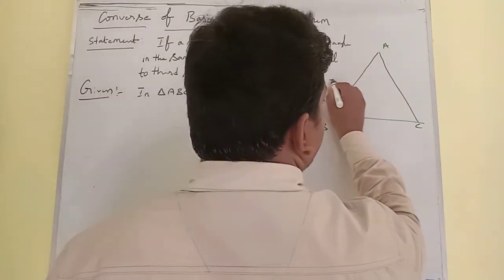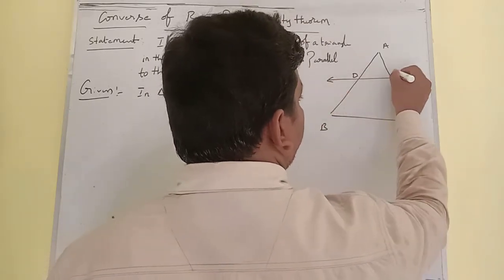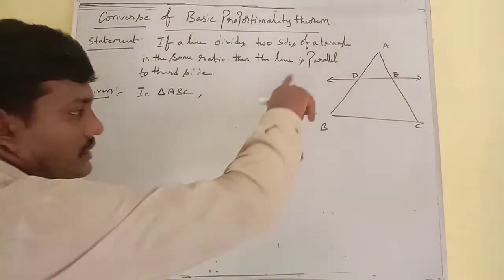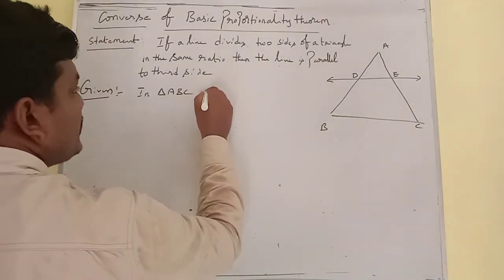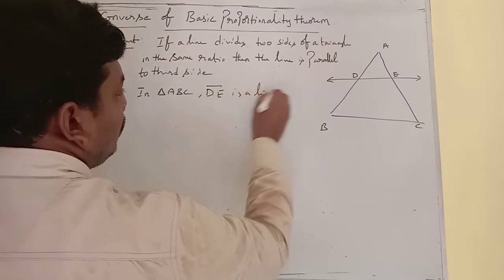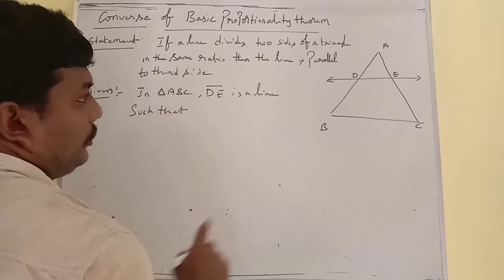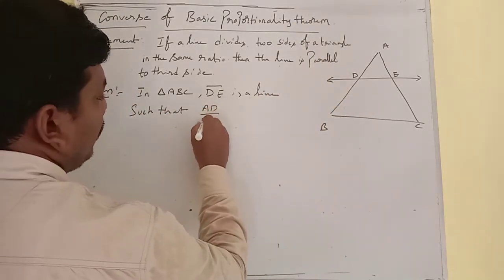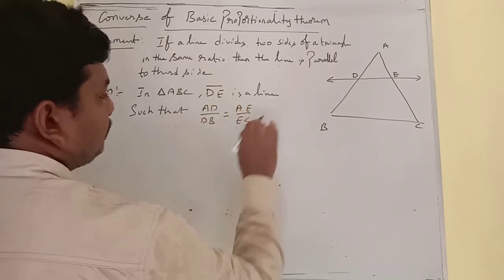These two sides are divided by a line DE, which divides AB and AC in the ratio AD by DB is equal to AE by EC.